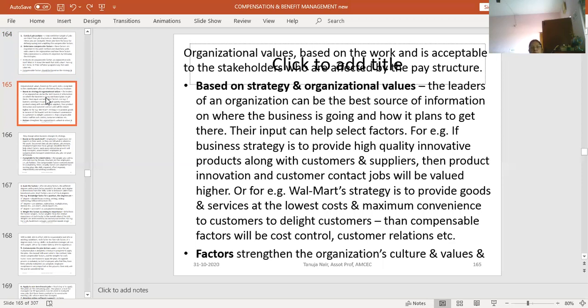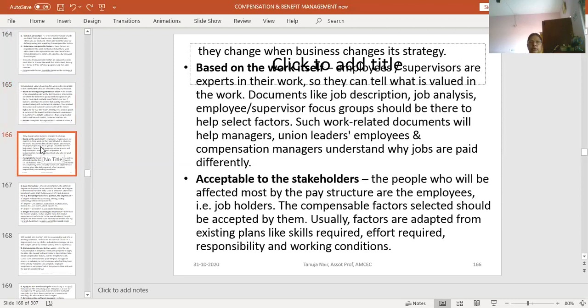And those jobs which are dealing with customers directly, customer relations will be a very important factor. So whatever factors you are deciding, it should be according to the organization's culture and values, and whenever your business strategy changes, your compensable factors should also change.